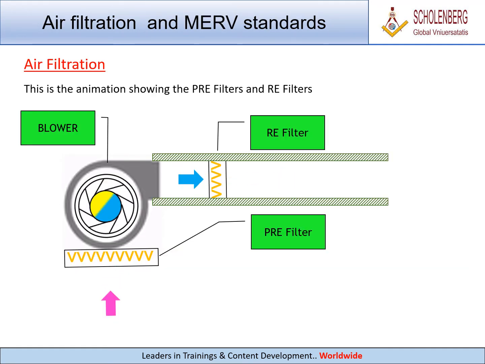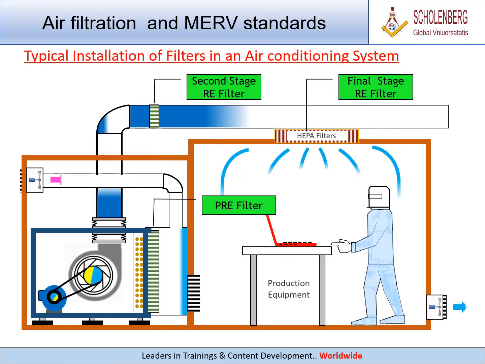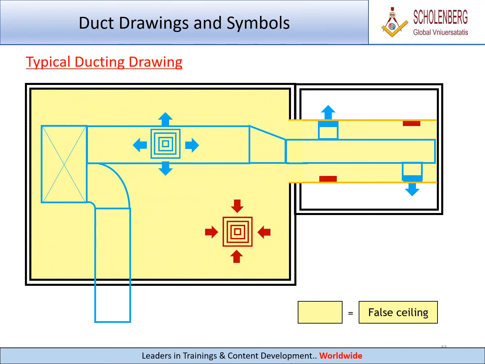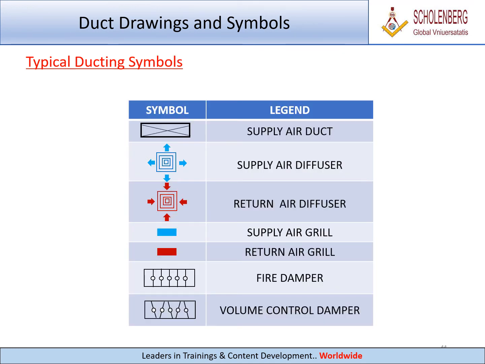This is the animation showing the pre-filters and re-filters. Typical installation of filters in an air conditioning system. Typical ducting drawing. Typical ducting symbols.